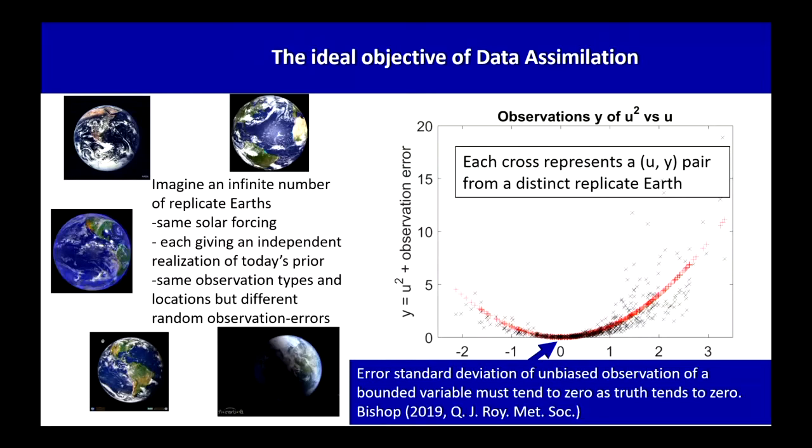And when you have a bounded variable, say if that's zero and the truth is a bit bigger than zero, the error on this side can't be bigger than that. So the errors of the opposite sign are going to balance that, and they can't be that big either. So it actually goes to zero as the truth goes to zero. We see not exactly this behavior, but behavior like that in actual instruments. Okay, so that's what's going on there.